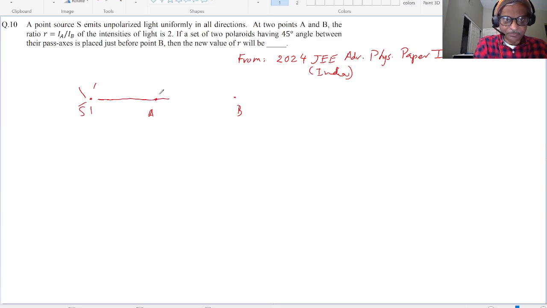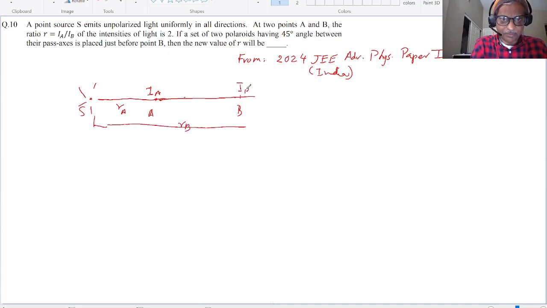A bunch of light goes in that direction. If you look at the intensity here, you can call it intensity IA, and say this distance is RA, and from here to here is RB, and the intensity is IB.